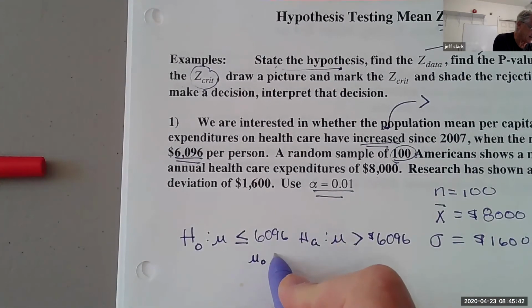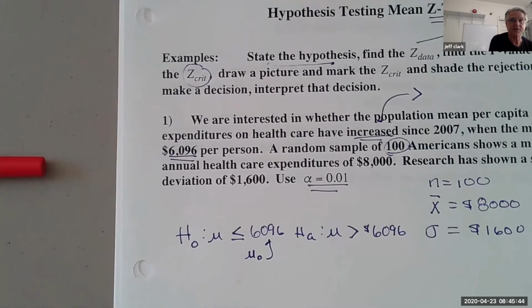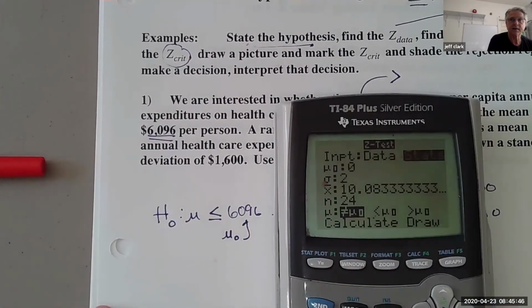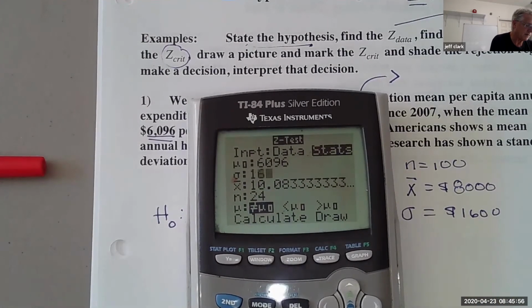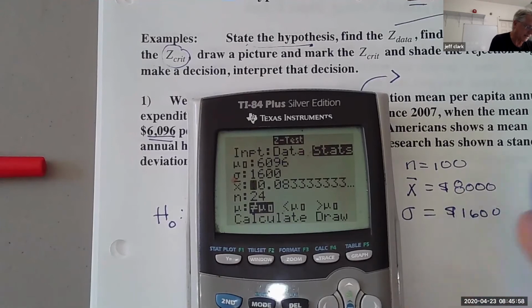That's your mu sub naught. So for us, we're going to put in 60996. Sigma was already given, remember that? Sigma was over here, 1600. X bar was given to be 8,000. Sample size is 100.